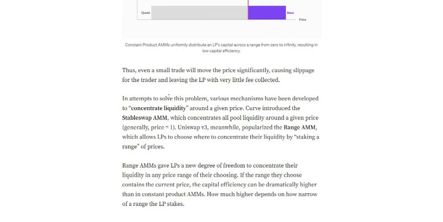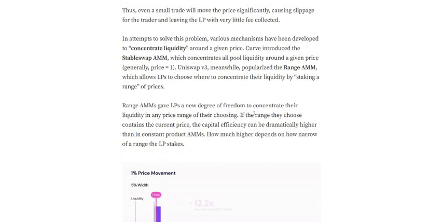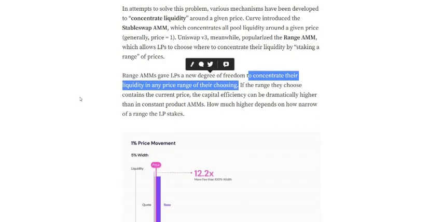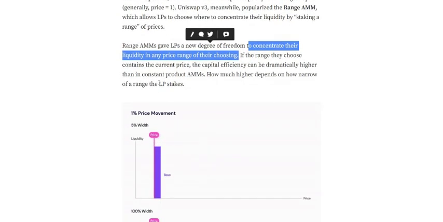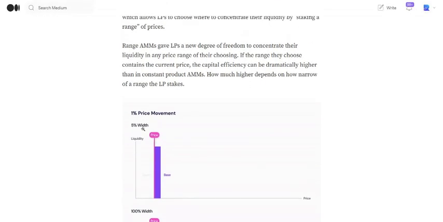And in order to arrest this kind of problem, there is also a solution called concentrated liquidity, which basically allows you to concentrate your liquidity at a particular price. Then there are range AMMs, which basically allow you to concentrate liquidity in any price range, whatever you like. So range AMMs bring some kind of capital efficiency.